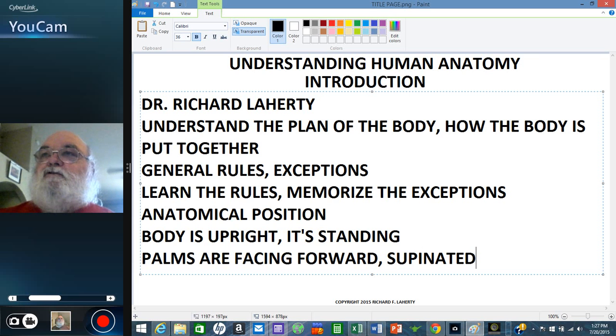So the palms can face backward or forward in anatomical position. If they're facing backward, the relative positions of structures, the relations between structures, will be different than when the palms are facing forward. So to standardize all the descriptions, we've defined anatomical position as having the palms facing forward or supinated.